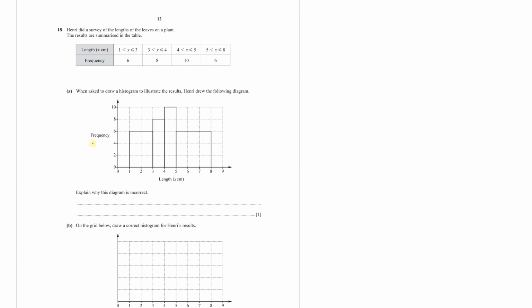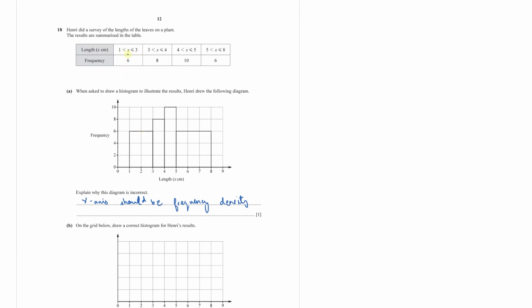Immediately you'll see that the y-axis is labeled wrong. The y-axis should be frequency density, because in a histogram you always have frequency density on the y-axis. And the height of each bar is also incorrect.